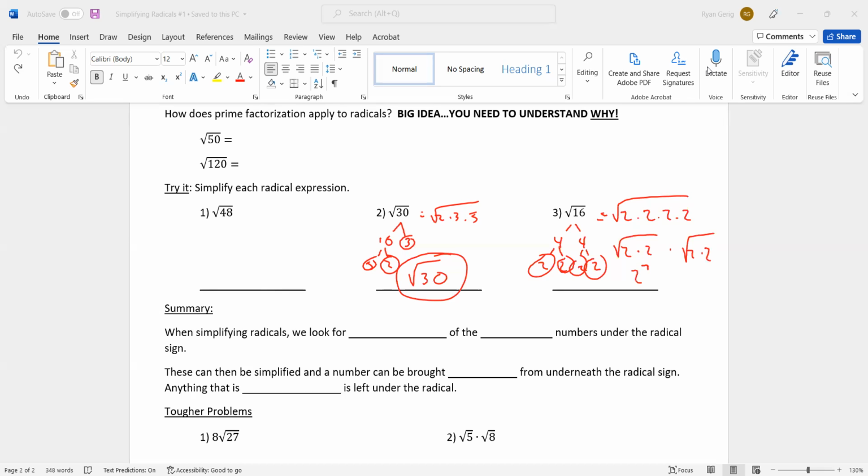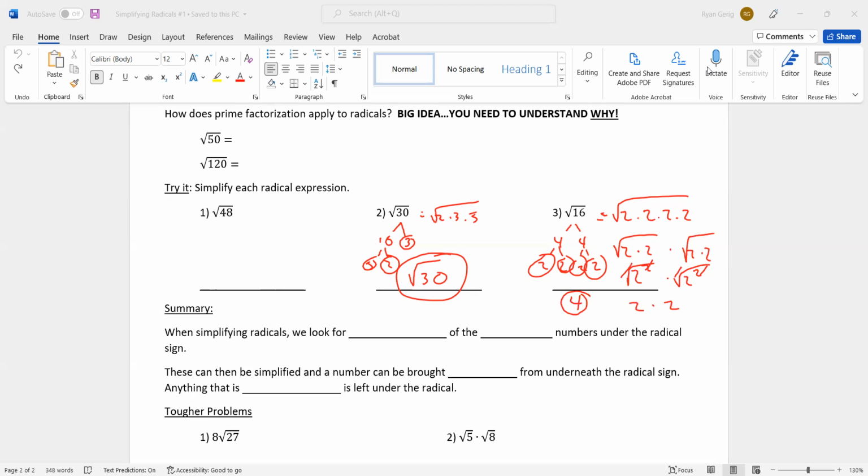So that's 2 squared and 2 squared. The radical cancels. That's a 2. Radical cancels the squared. That's another 2. 2 times 2 is 4. There's no numbers left under the radical. It's just 4. You should have known that actually too. What's the square root of 16? A lot of you already knew that. It was 4, but that's why it's a perfect square, because there's nothing left underneath the radical.